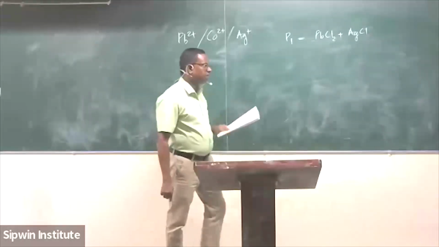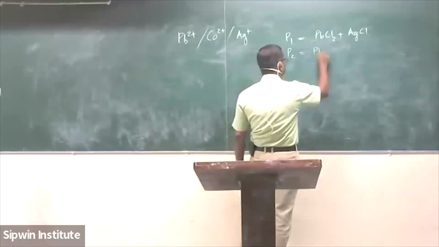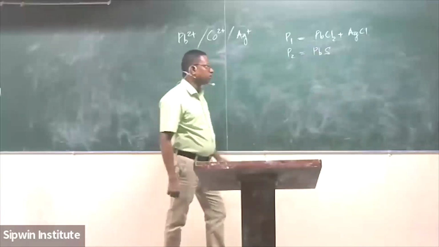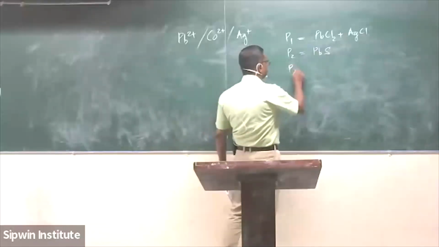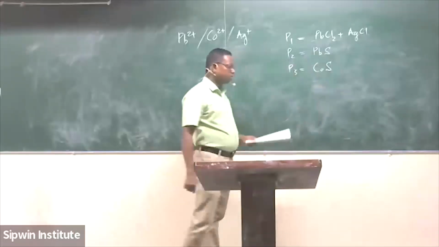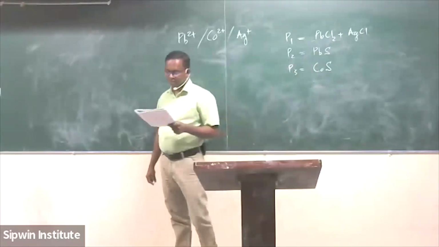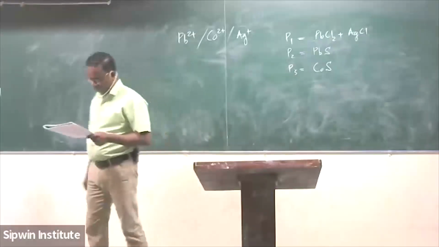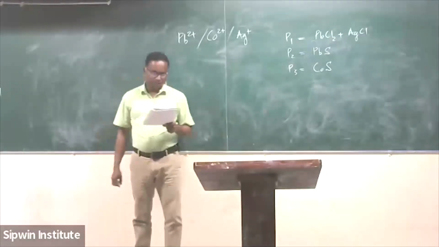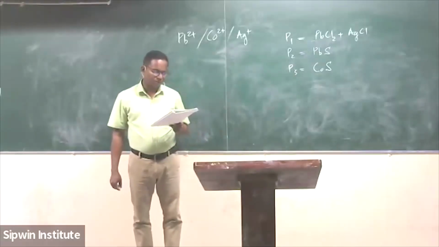Then P2 means lead sulfide. Then P3 means cobalt sulfide. Species responsible for the colors of solutions 1, 2, 3. Solution 1 means cobalt 2 plus, if not cobalt hexaqua.